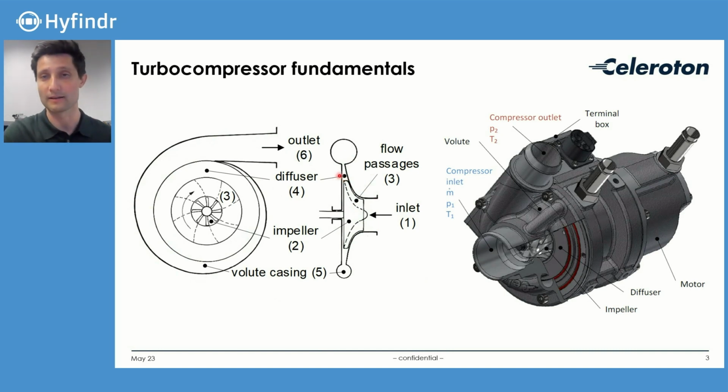This is done by the so-called diffuser, where we increase the volume, thereby increasing the static pressure. After the diffuser we have, as I said, the spiral casing or the volute, where we further reduce the radial velocity and collect the flow towards the end application, which could, for instance, be a fuel cell stack.